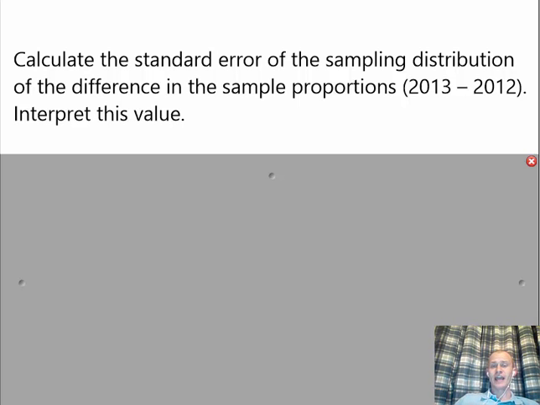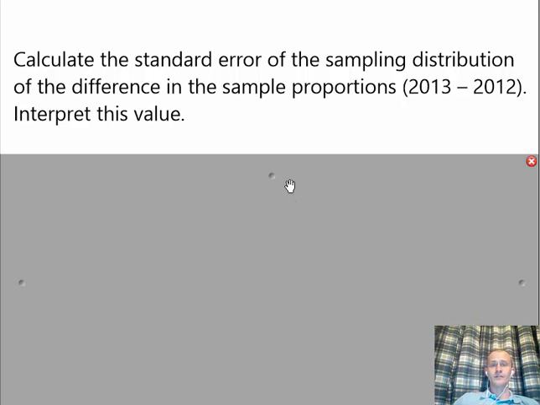Calculate the standard error of the sampling distribution of the difference in the sample proportions 2013 minus 2012 and interpret this value. One of the things that will come in importance later is that they did 2013 minus 2012. But since we're looking at standard error, that's going to be using our sample proportions. To calculate the standard deviation for those two sample proportions, we need the variance.